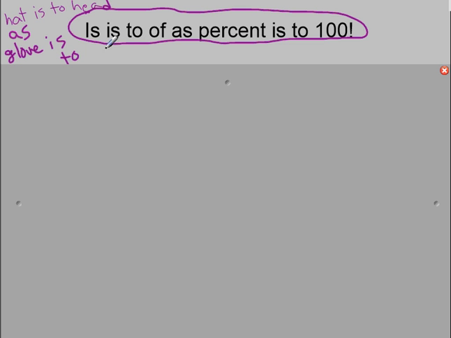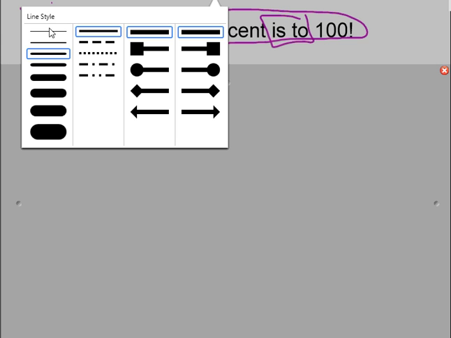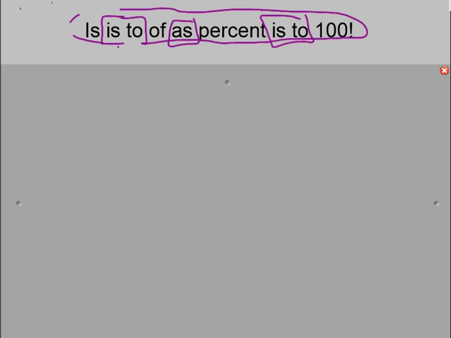Hopefully you don't say foot. I think you're all smarter than that. Glove is to hand. So this kind of format of writing something is to, as, is to, that means we're dealing with an analogy. An analogy does a really good job of comparing different things. So in this case, we are comparing the different parts of a percent question.